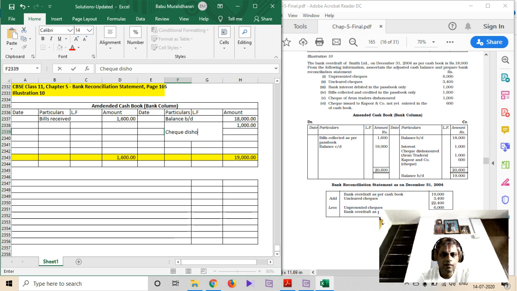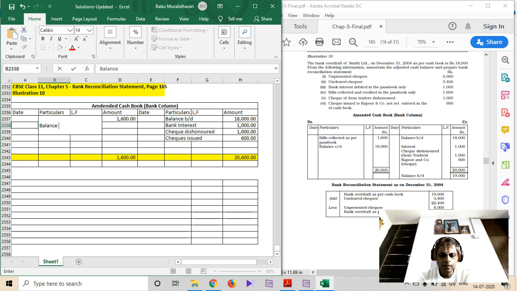That is 1,000. Checks issued to Kapoor and Company not yet entered in the cash book. So that is for 600.